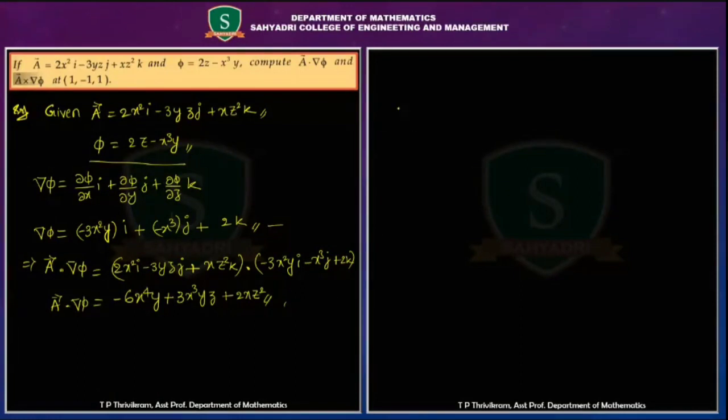Clear? Next we are going to find A cross del phi. So del phi value you have calculated, A value you calculated. So you need to find A cross del phi.